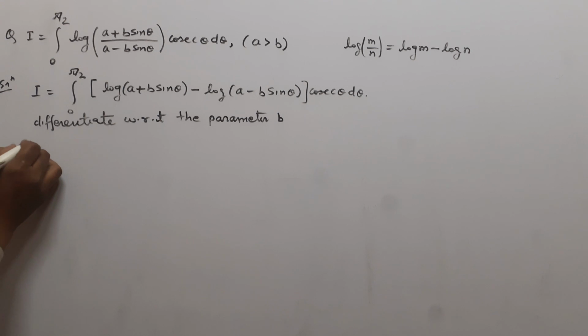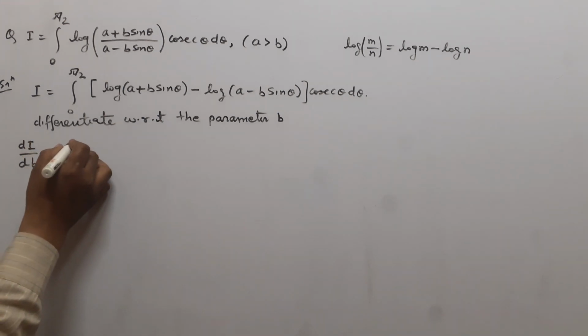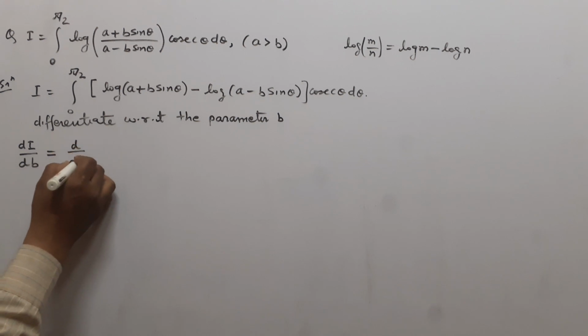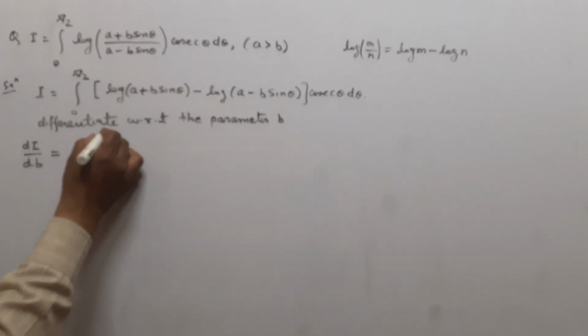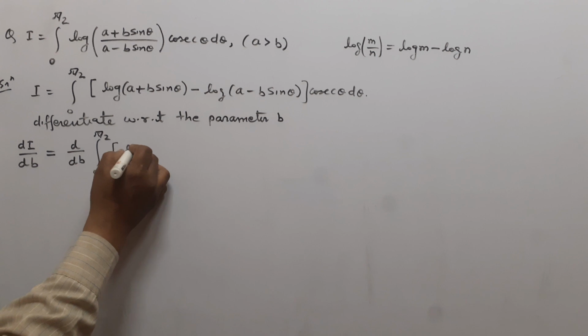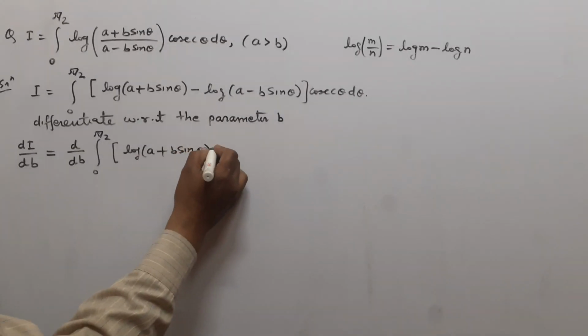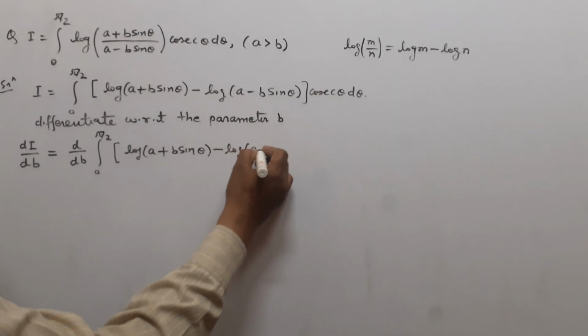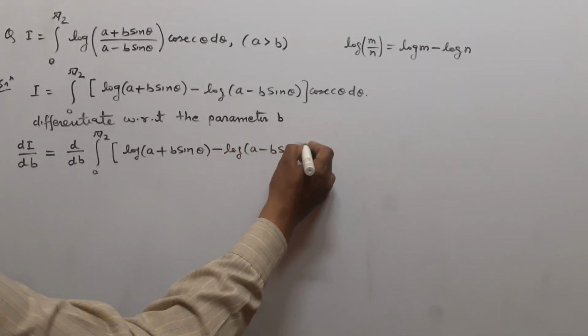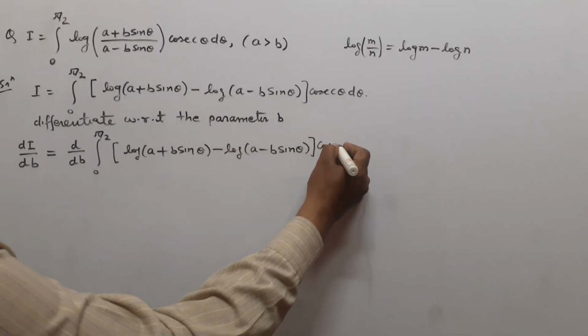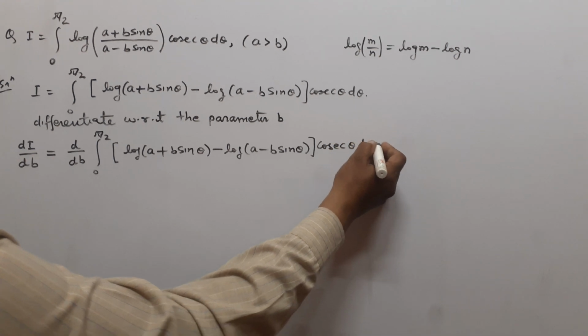So this can be written as dI by db, which is equal to d by db of the integral between the limits 0 to pi by 2 of log (a plus b sin theta) minus log (a minus b sin theta) multiplied by cosec theta.